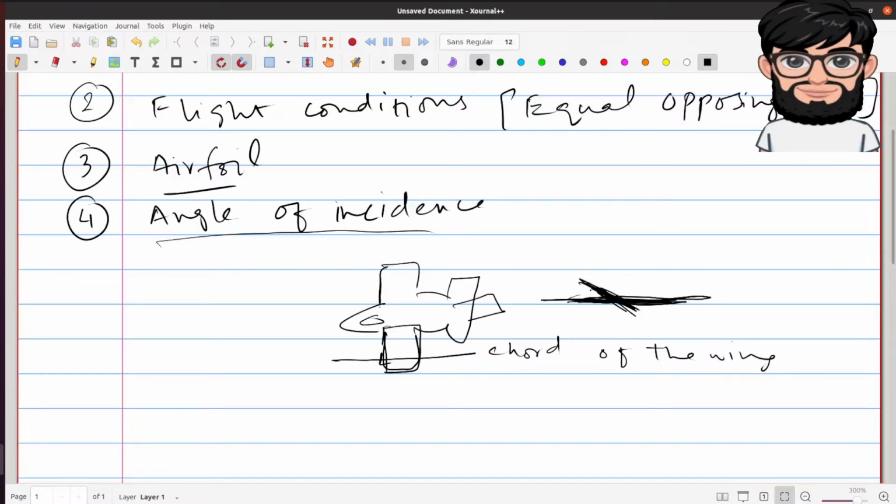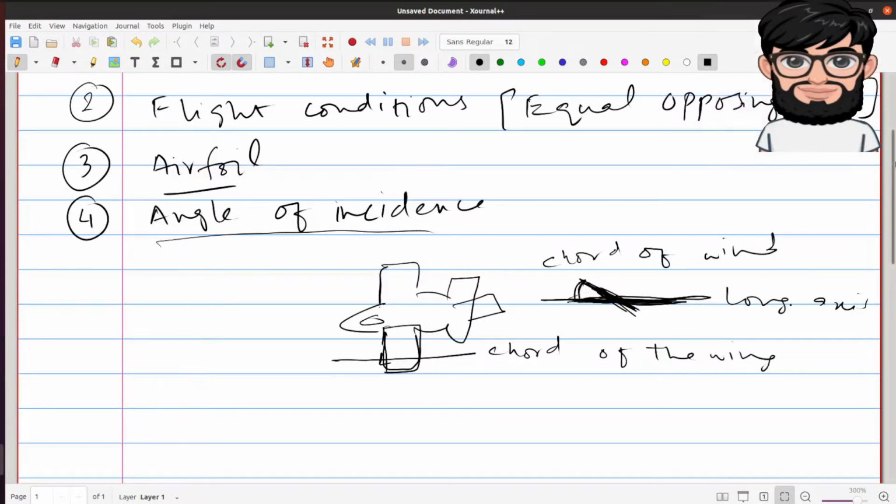This is the longitudinal axis, and this is the chord of the wing. So the angle between them is known as the angle of incidence. Again, it is an angle formed by the longitudinal axis of the airplane and the chord of the wing.